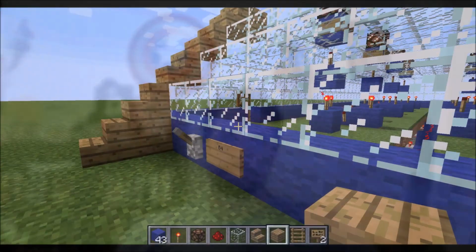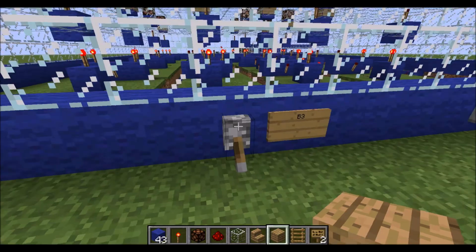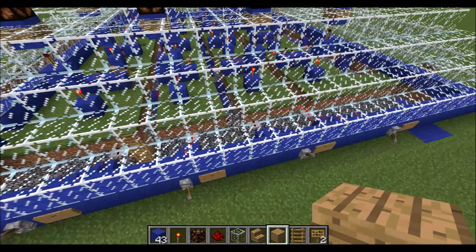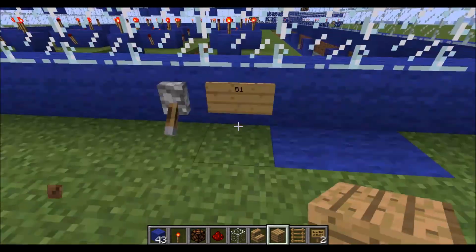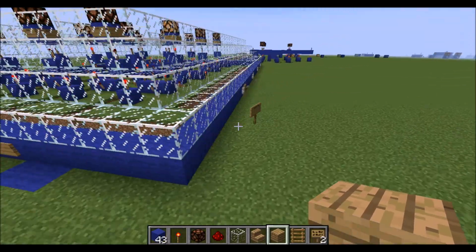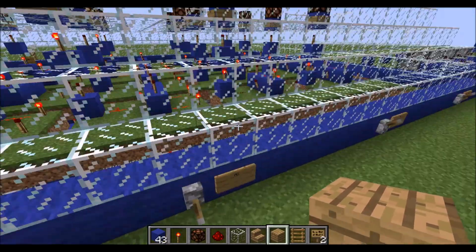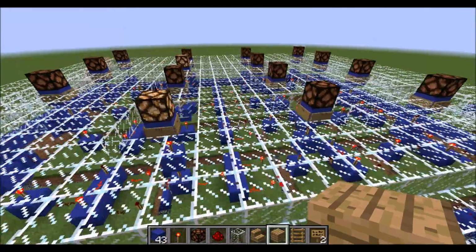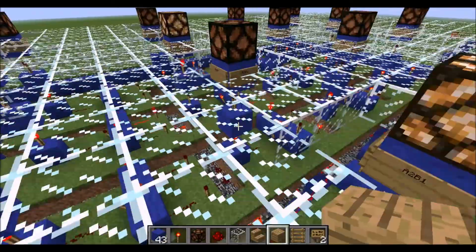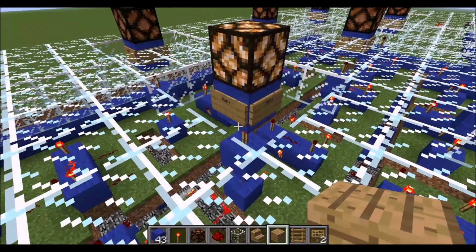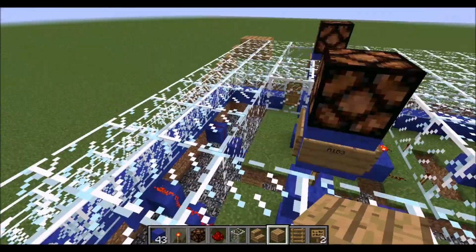Okay, so I'm going to go inside this machine for a second. I still have the levers pulled, so we have B3 and B1 going, and we have A2 going. So again, A2B1 and A2B3 are going to be lit up.